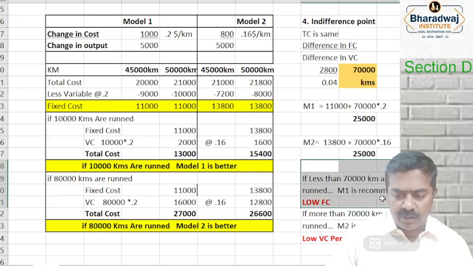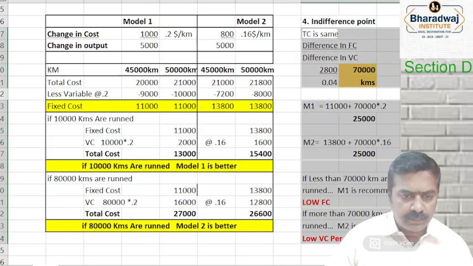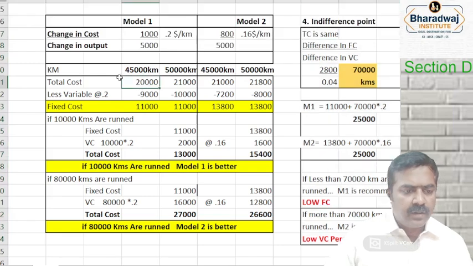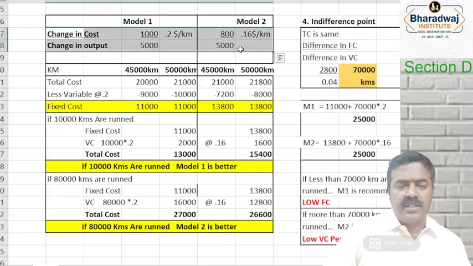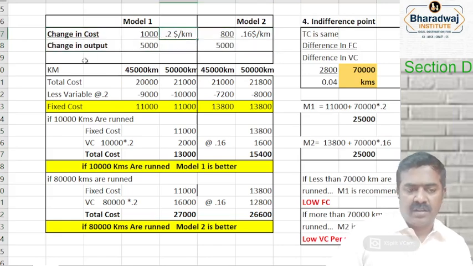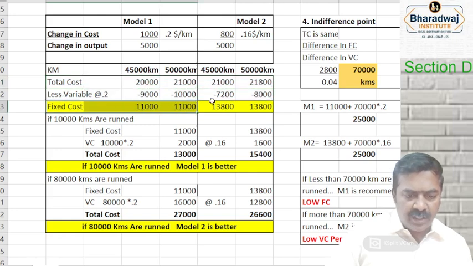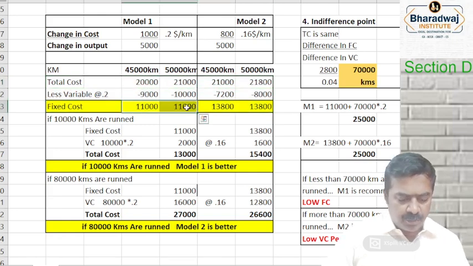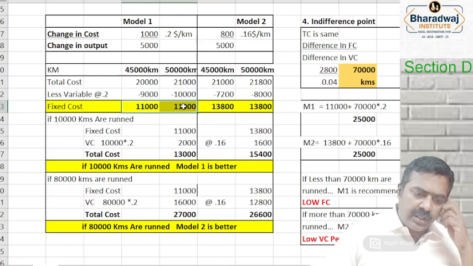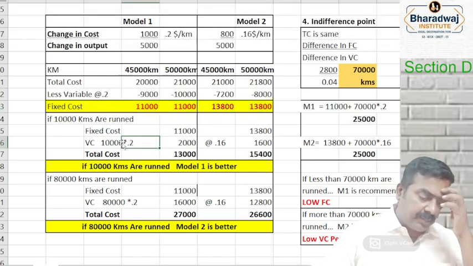So I repeat the whole process. I request you to listen. Change in cost divided by change in output will give us the variable portion. From total cost, eliminate the variable portion, and you will get the fixed portion. You can find the fixed portion of model 1 and model 2. Whatever the kilometers run, the fixed portion remains the same.